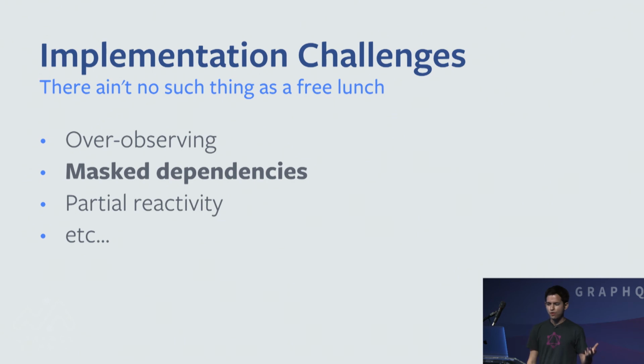The opposite problem to over-observing would be the problem of missing data dependencies. Because we can only figure out what we need to subscribe to on the basis of what calls were made into backends during our request, if we don't make those calls to a backend, we may miss that data dependency. Specifically, an example here is caching.